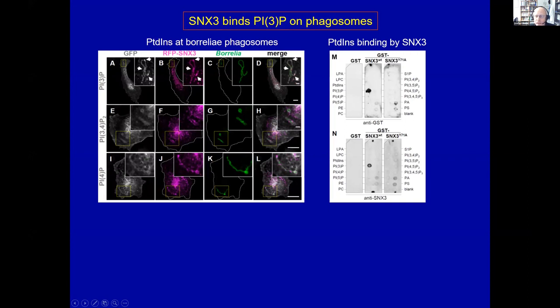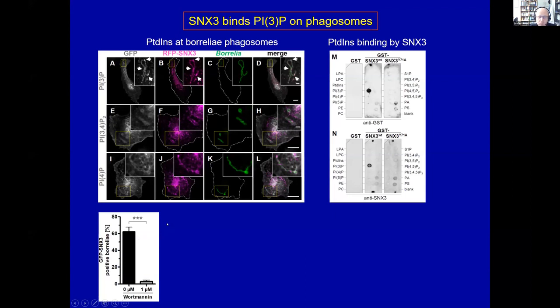So this PX domain is only able to bind PI3P to a certain degree. And this is exactly what we find here at these Borrelia containing phagosomes. And most importantly, the PI3P fluorescence intensity always coincides with the most fluorescence intensity for the SNCS3 that you get here.